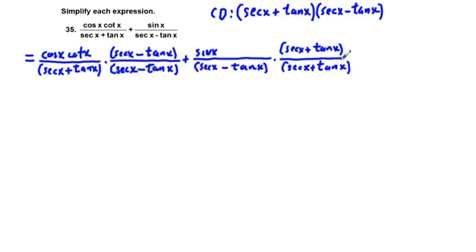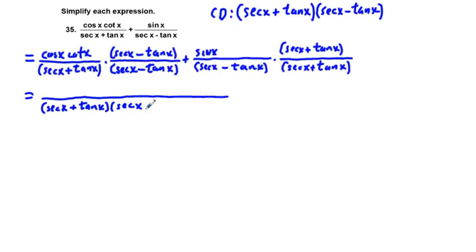And so now we have a single common denominator, which, I'm going to write the denominator first. We have secant x plus tangent x times quantity secant x minus tangent x.